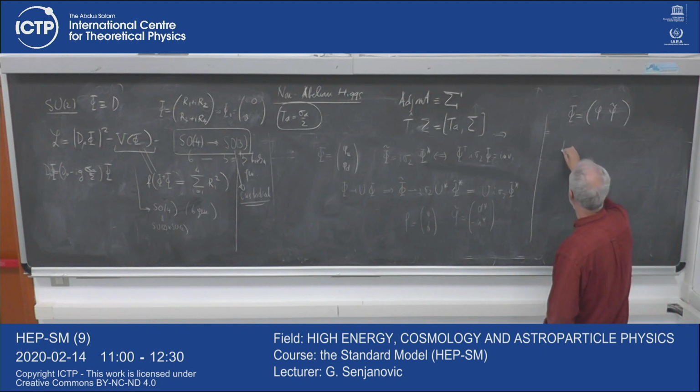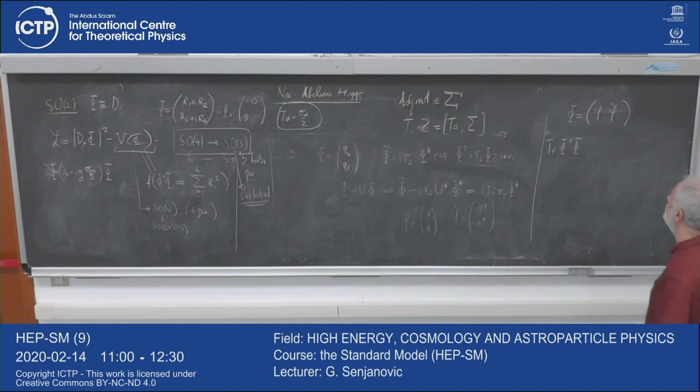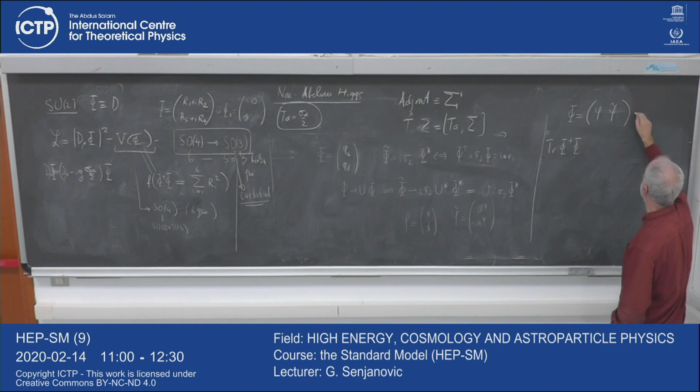So, let me take the trace of this. So phi dagger, so let me write this matrix. What is it? That's U D, D star minus U star.